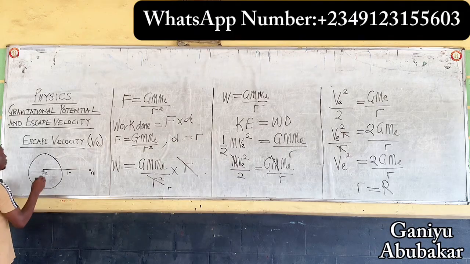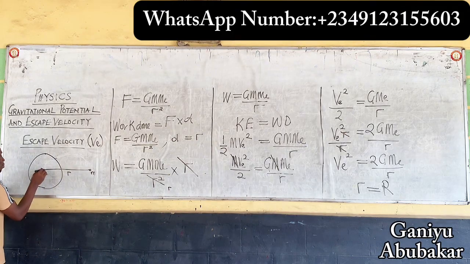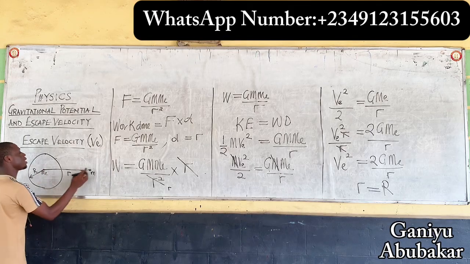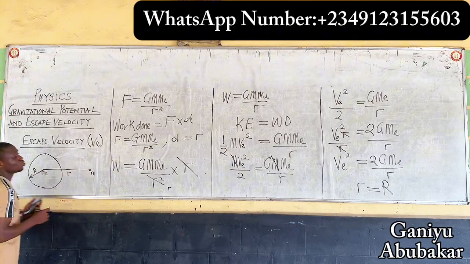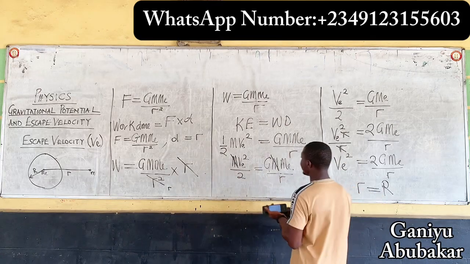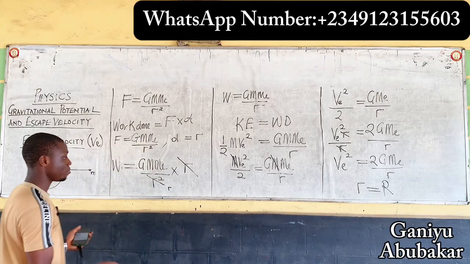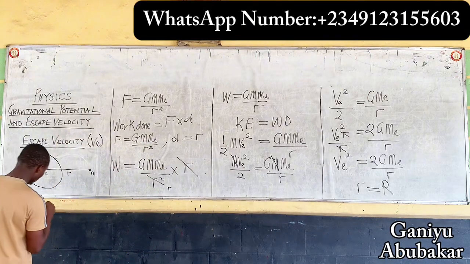If I'm to consider this radius here, it will be capital R. This is the radius of Earth, capital R. For this mass, this radius here is not a supersede, that's capital R. Once it's supersede, there is small r. So I have to change it to capital R. It means anywhere I see small r, I'll replace that as a capital R.